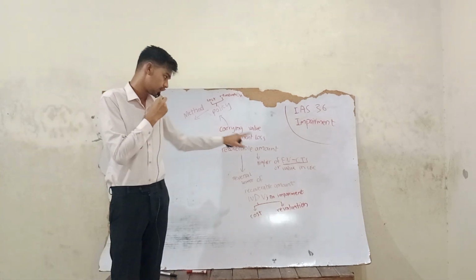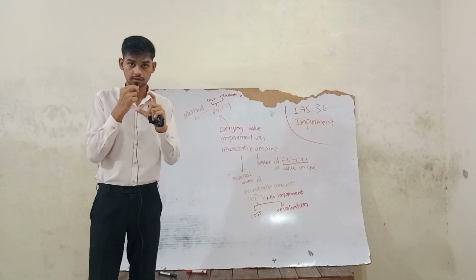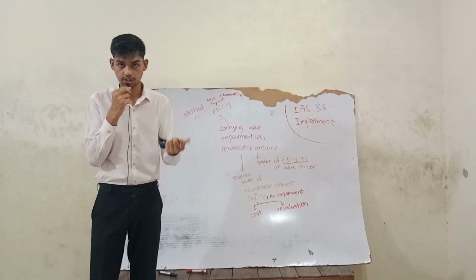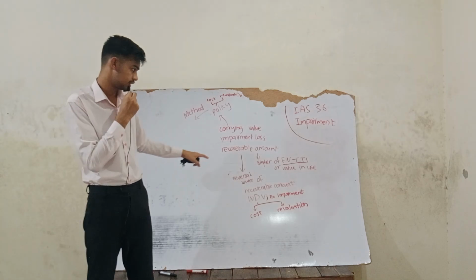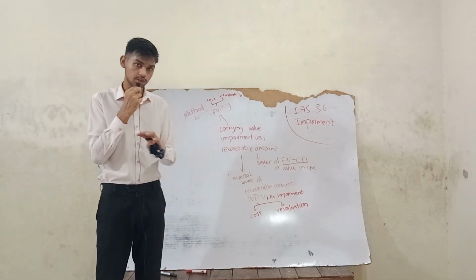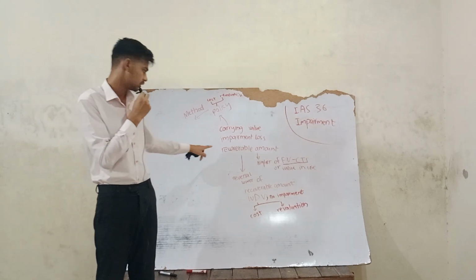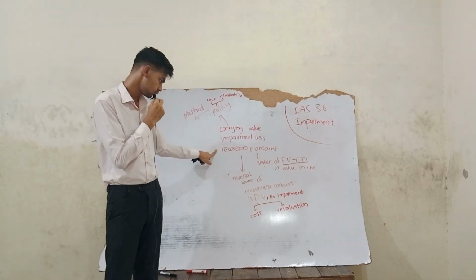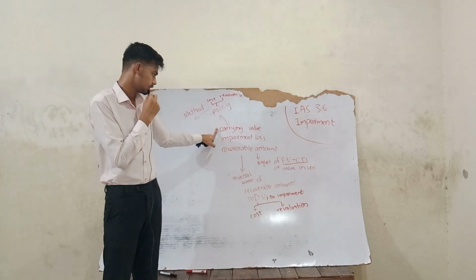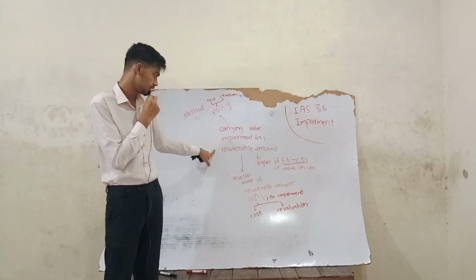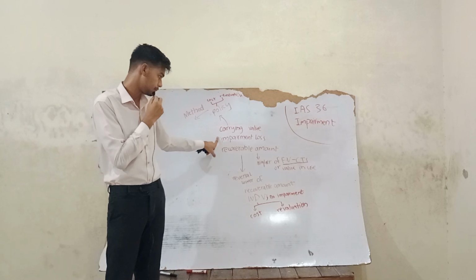But if there are no indications that the company is doing good, or new technology comes, and all the existing machineries are obsolete, we can say, or have lost their values, then this value is lower. And if this value is lower, there will be the impairment loss.